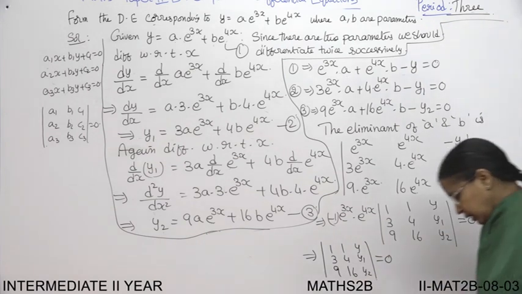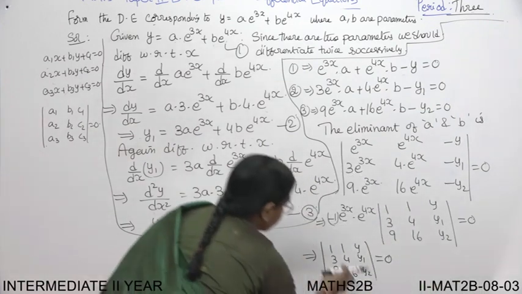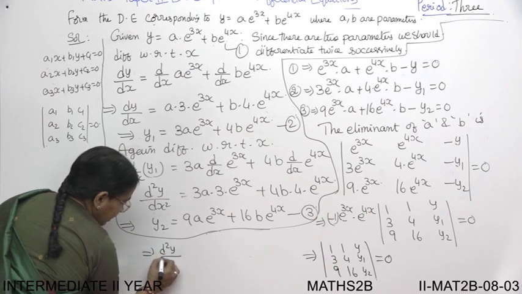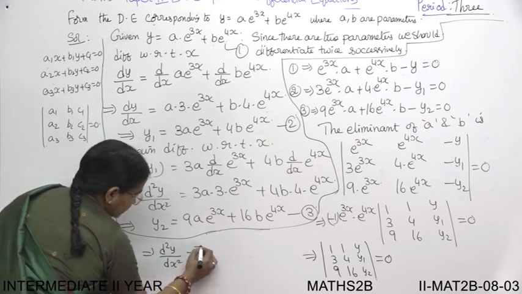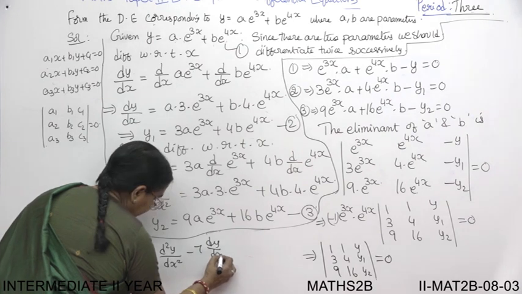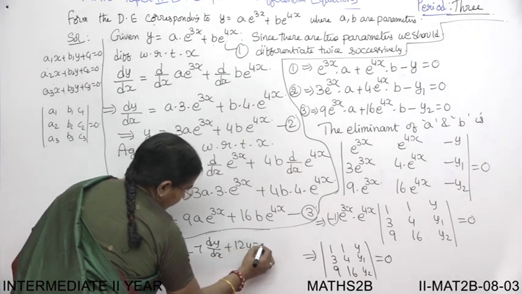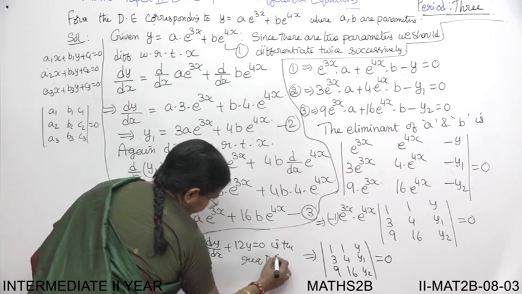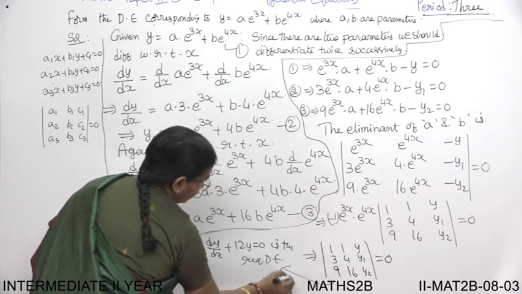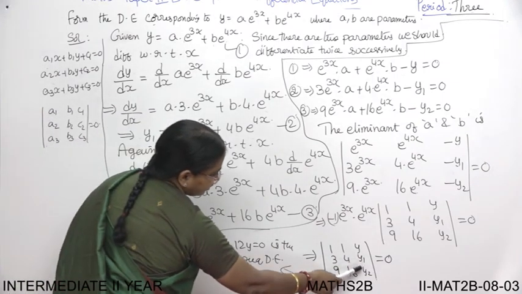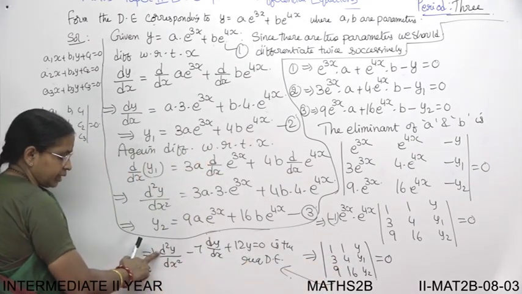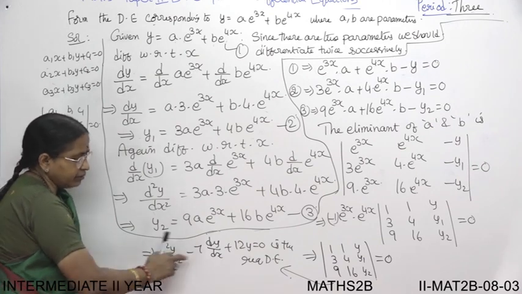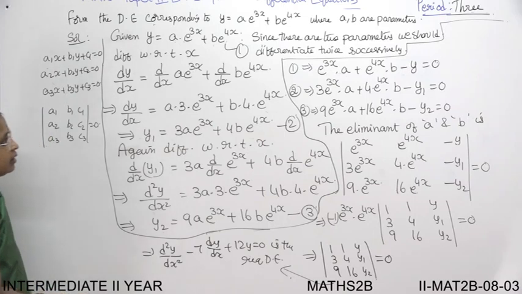Now when you expand the determinant, you will get the answer as d square y by dx square minus 7 dy by dx plus 12y is equal to 0, which is the required differential equation. So like this you will do the problem. You will get y1, y2 only, but finally you write y2 as d square y by dx square, y1 as dy by dx, and y like this.